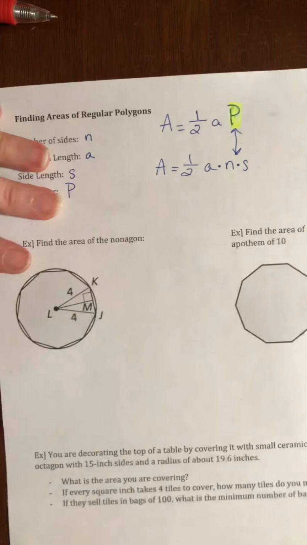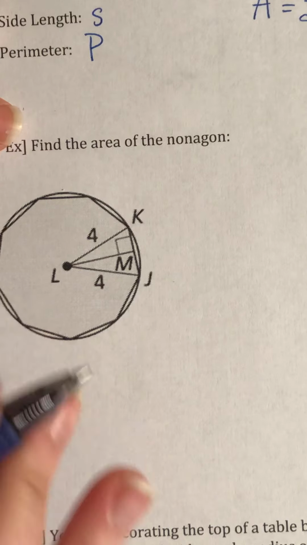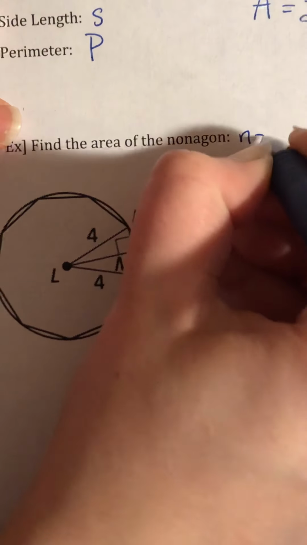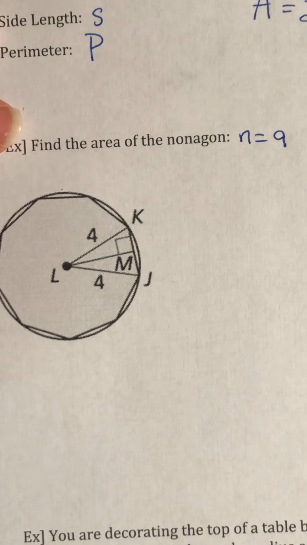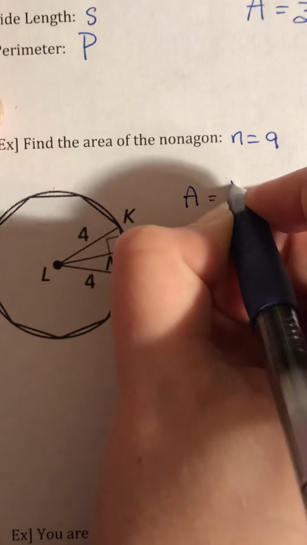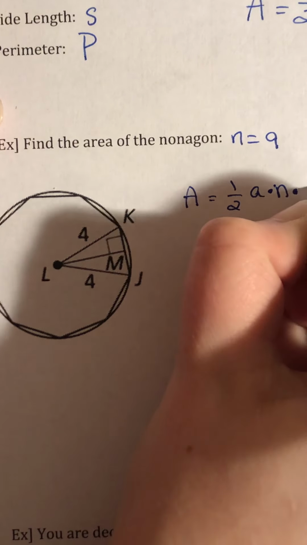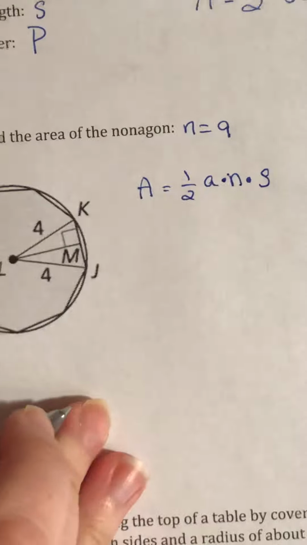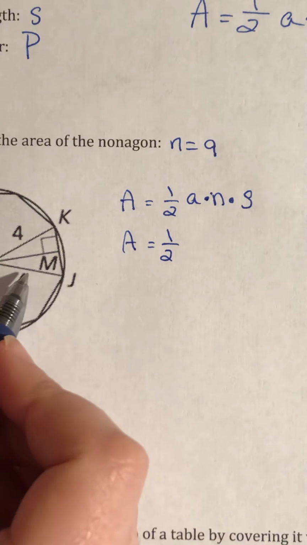So find the area of this nonagon. I know it has 9 sides. So the area is 1/2 times the apothem times the number of sides times the side length. So I have 1/2. I don't have the apothem yet.